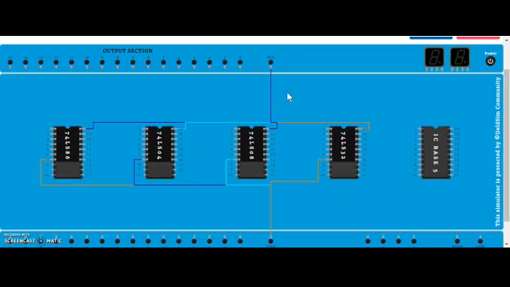So now we are done with the ground and VCC for every IC, and now we'll move towards the actual connection of the circuit.